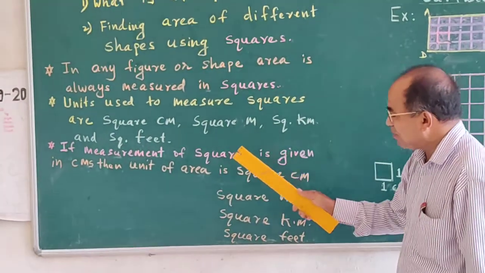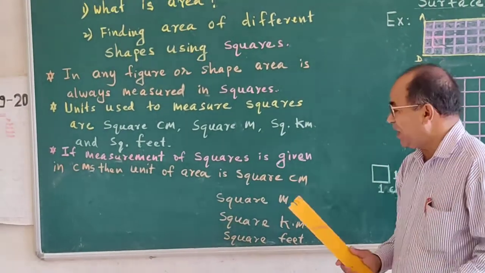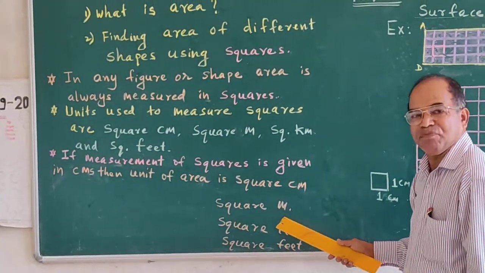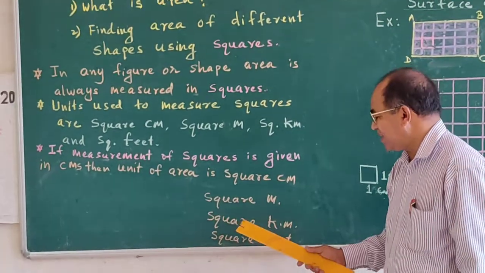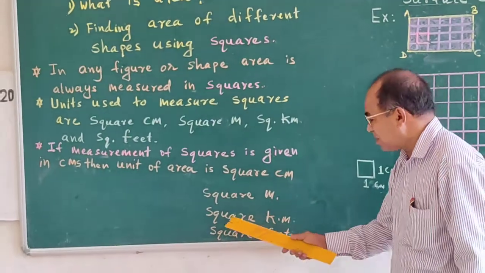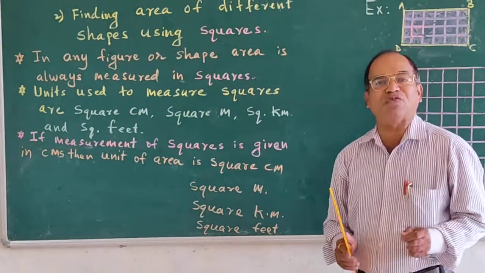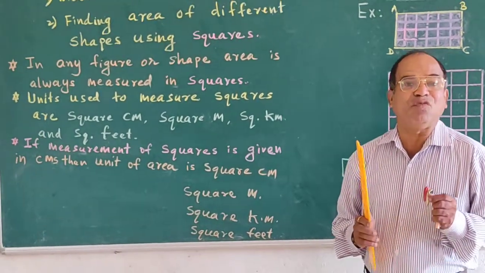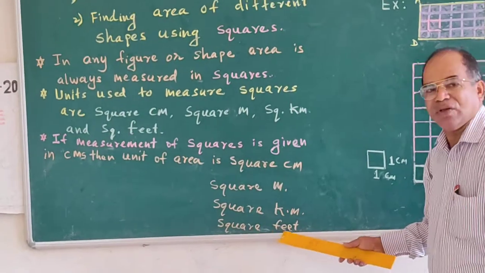If the measurement is given in meters, then the unit of area will be square meter. If the measurement is given in kilometers, then the unit of area will be square kilometer. In the same way, if the measurement is given in feet, then the unit of area will be square feet.